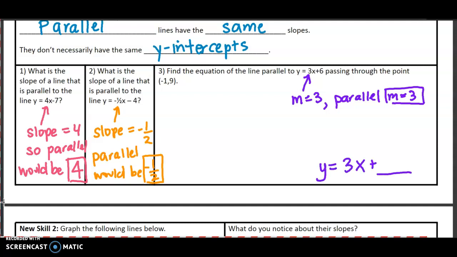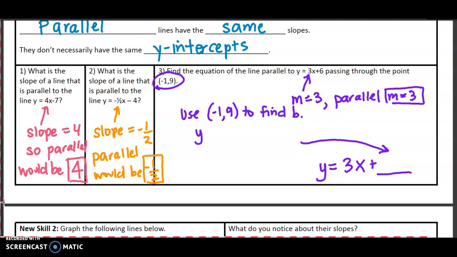To get this something, the y-intercept, we're going to use the ordered pair (-1, 9). So use (-1, 9) to find b. We're going to write our equation, y equals 3x plus b. And what we're going to do is take the negative 1 and plug it in for x, and take the 9 and plug it in for y.